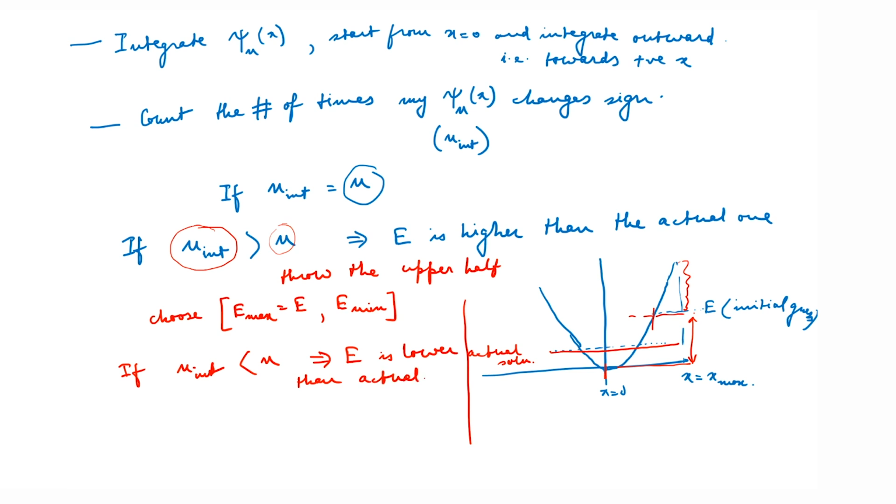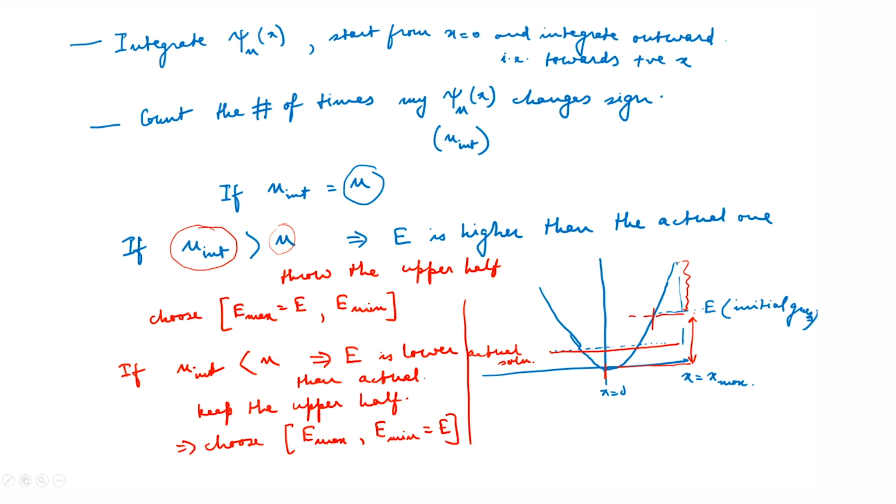In this case, we keep the upper half and throw away the lower half. So, my E max remains the same, but my E min I now replace with the new guess. So, basically the energy window is reducing.